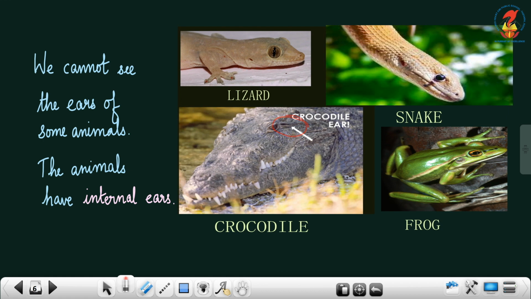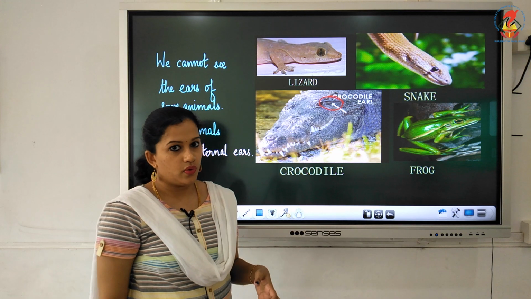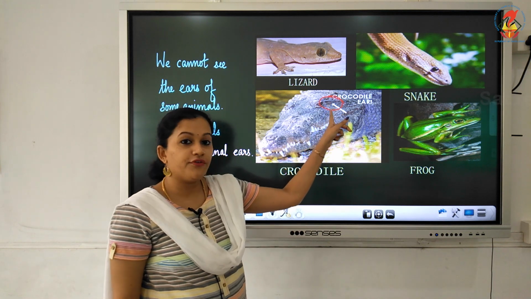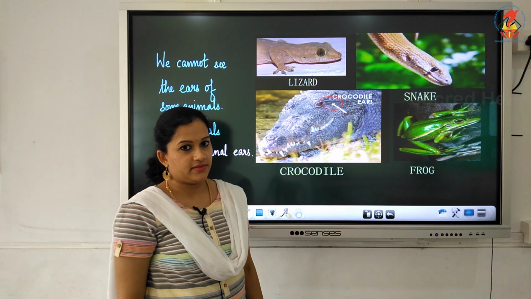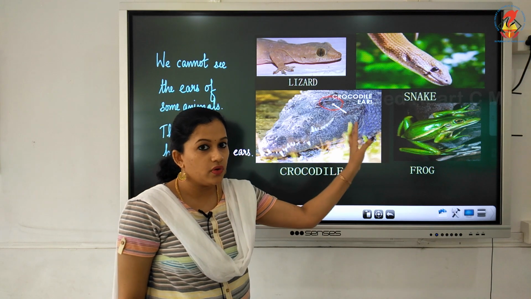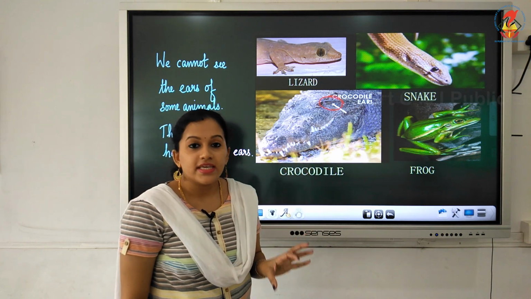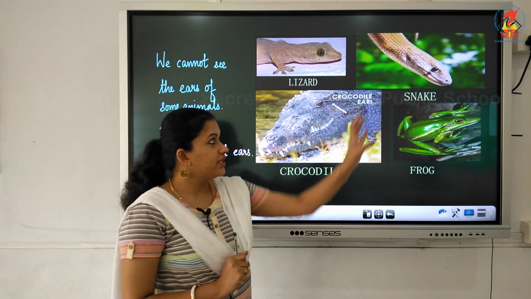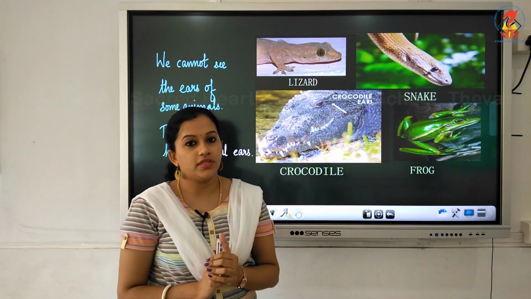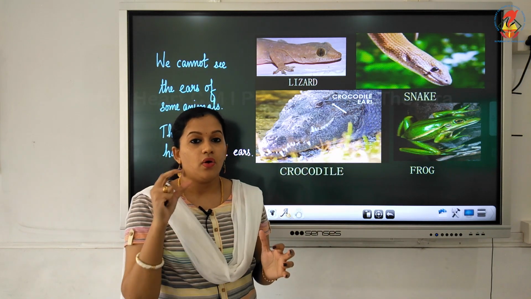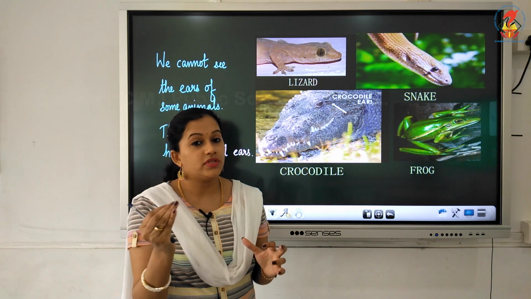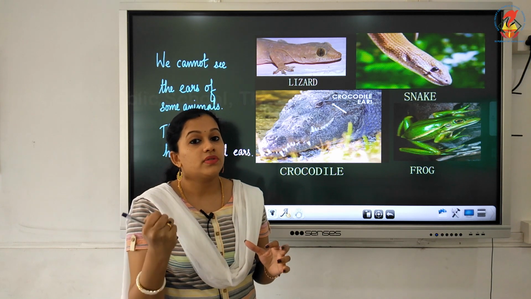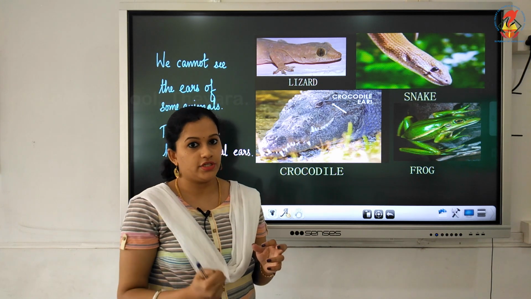The crocodile also has a tiny hole on the side of its head. Only if you look carefully we can see it. With the help of these holes, these animals hear. And do you know, children, snakes cannot hear all the sounds. It can hear only certain sounds, and mostly it hears sounds in the form of vibrations.